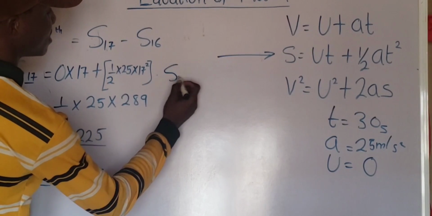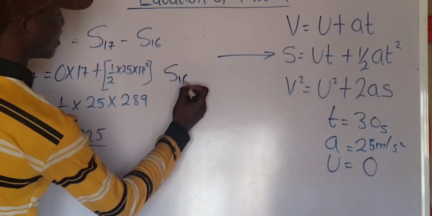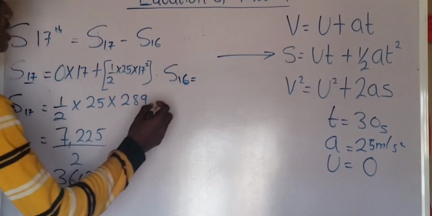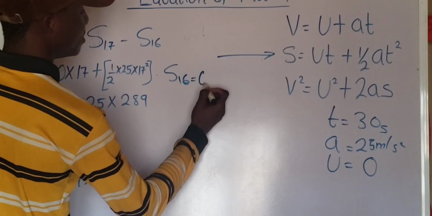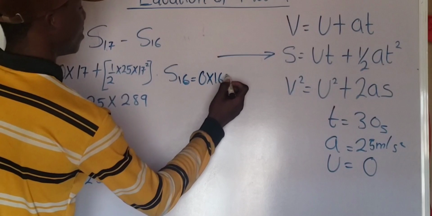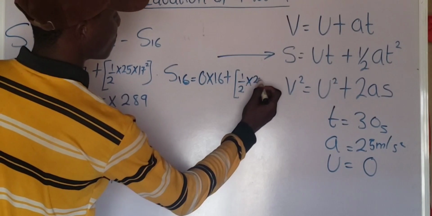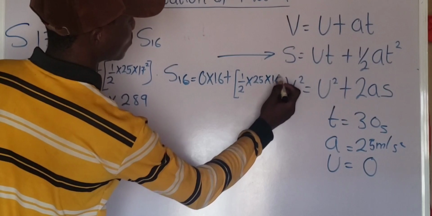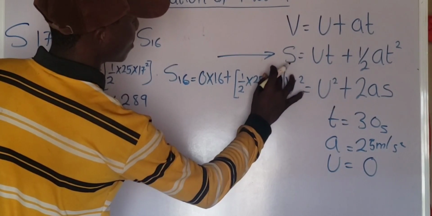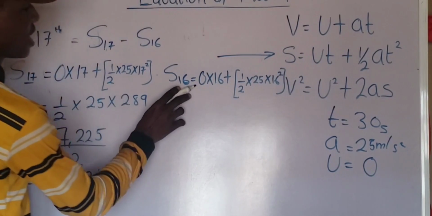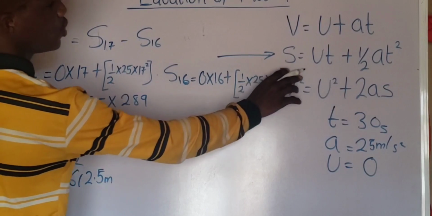Okay. Now let's get the distance that it covered in the 16 seconds. When time is 16 seconds, that will be 0 times 16 plus 1 over 2 multiplied by 25 times 16 squared. 0 times 16, that is ut.